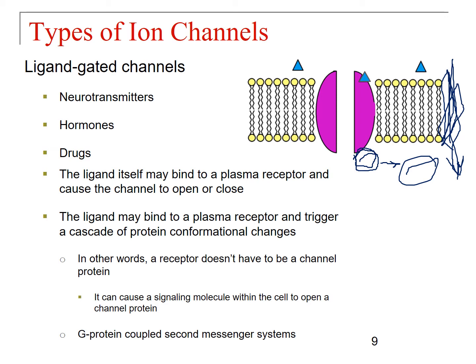Again, the receptor doesn't have to be a channel protein. It can cause a cellular molecule to open a channel protein. Examples of this are G protein coupled second messenger systems, though you're not going to have to learn about those in this chapter. You'll learn more about those in A and P2 when you talk about the endocrine system.